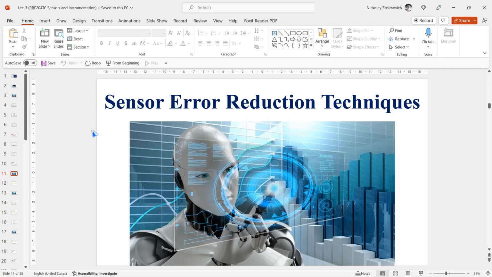The remaining imperfections should be given in the data sheet of the sensor. And the user, for instance, the mechatronic designer, should minimize additional errors that could arise from improper mounting and faulty electronic interfacing. In this part of our lecture, we present some general concepts to minimize or to reduce the effect of the intrinsic errors when applying sensors.